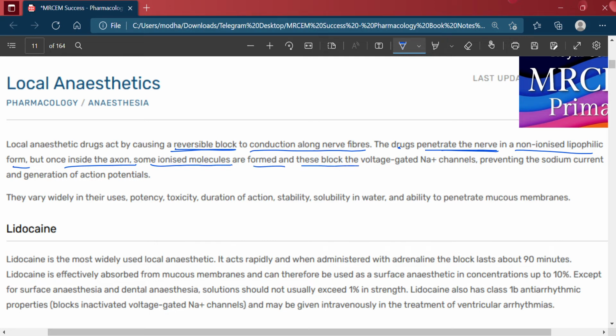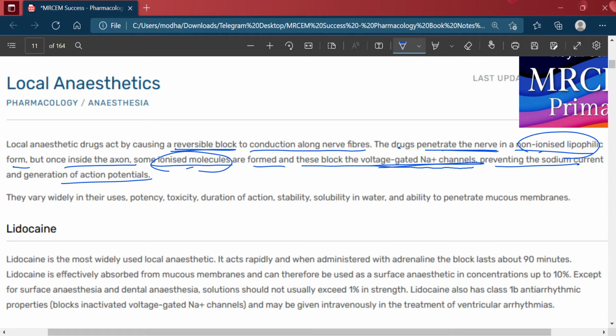First it is in the non-ionized form, then the ionized molecules are formed, and these block the voltage-gated sodium channels, preventing the sodium current and the generation of the action potential.